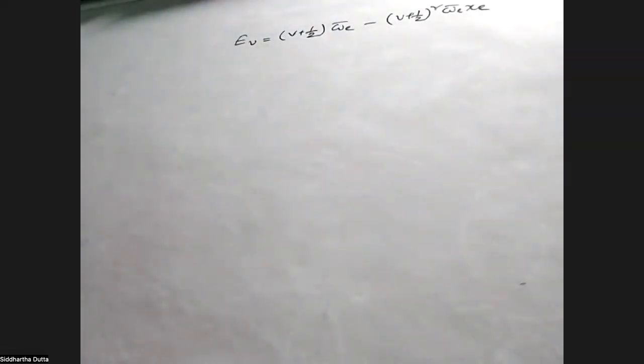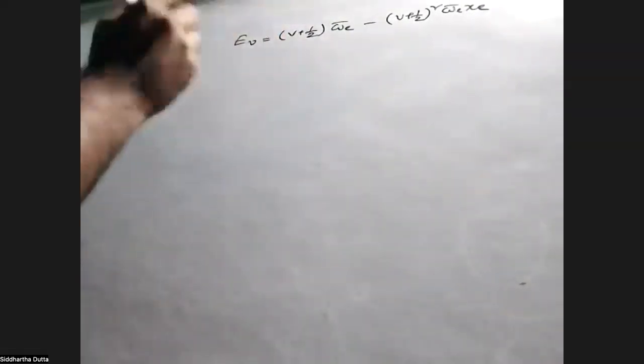Now if I solve this mathematically, the vibrational energy is E_v equals (v plus half) omega_e minus (v plus half) square omega_e x_e.